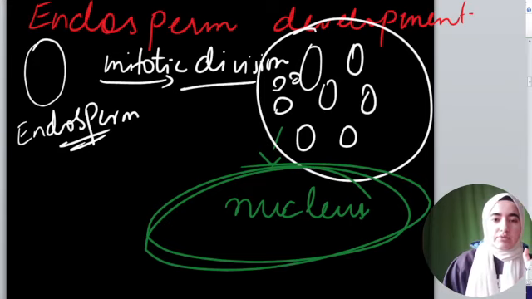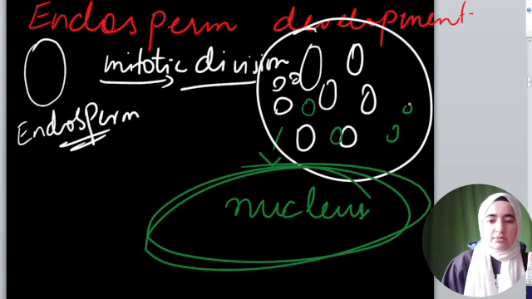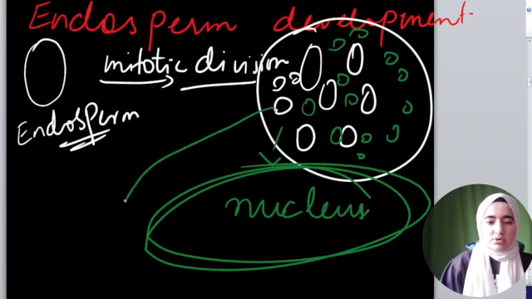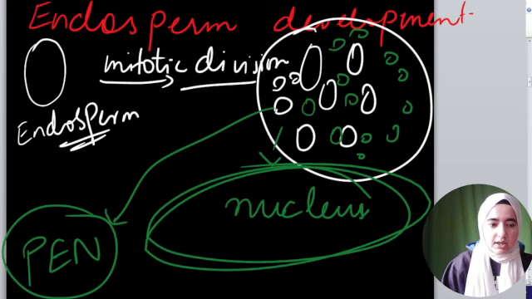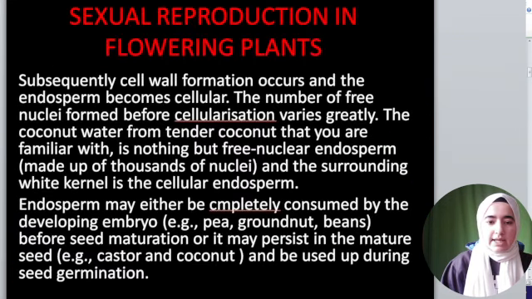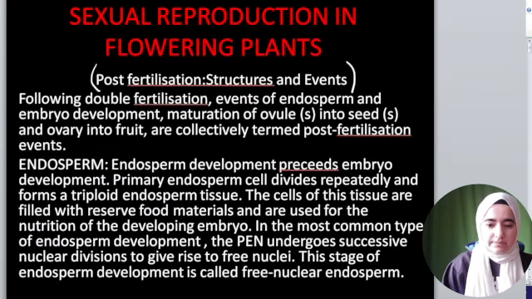First of all it will do only karyokinesis, and then it will perform cytokinesis, because it has to grow in number. It will form nuclei like this inside the cell, and these nuclei are known as primary endosperm nucleus, PEN.